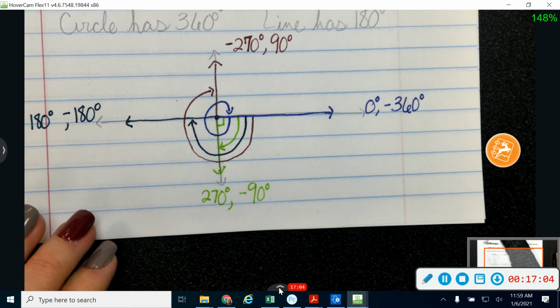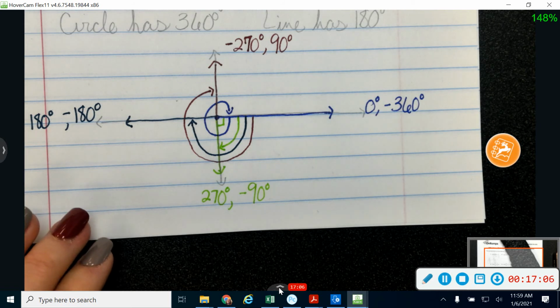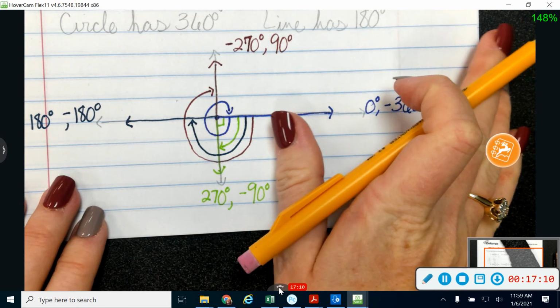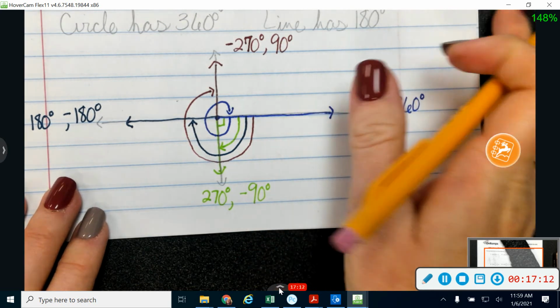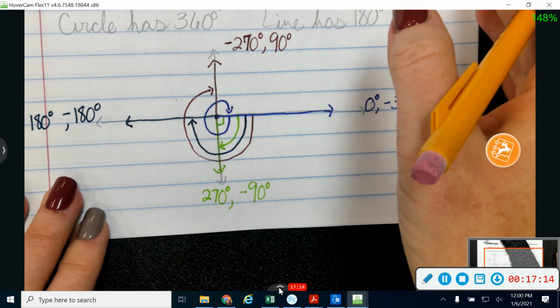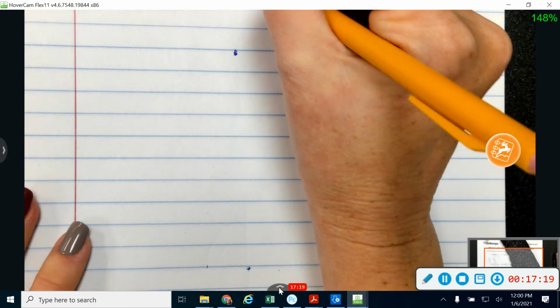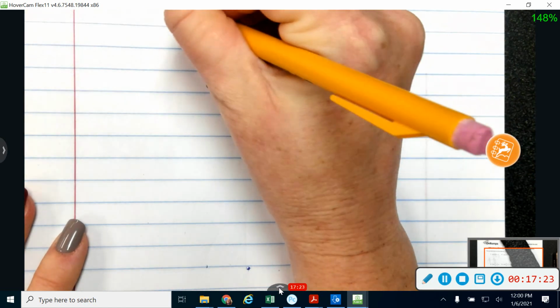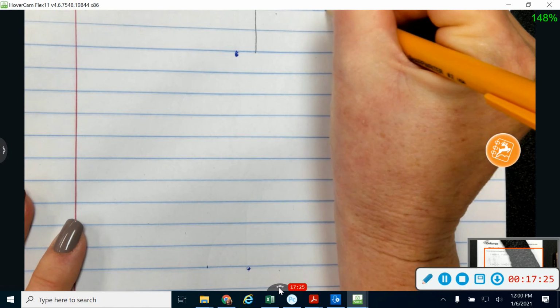The last axis I'm going to draw is going to show you how to relate degrees to radians. So draw me one more blank axis. Last one.